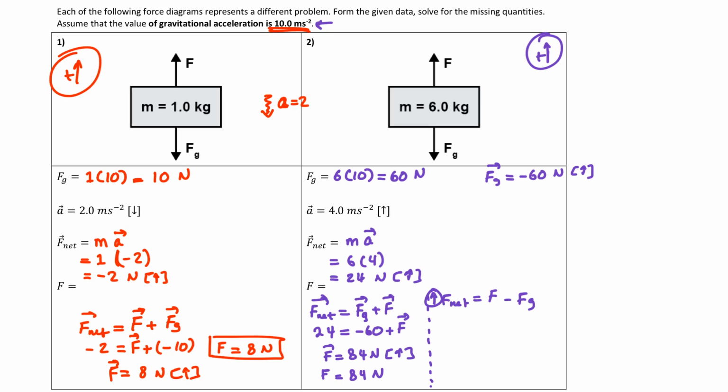I'm just using concepts and the fact that whatever the Fnet is, it's going to equal the force acting upwards minus the force acting downwards. So Fnet, 24, is going to equal F minus the value of Fg, not its vector, but just its value, which is 60. And if I were to rearrange this, I would get 84 Newtons. And that is my final answer using both methods.